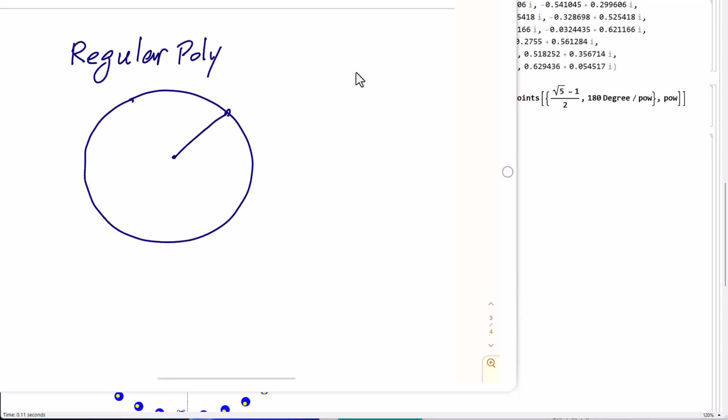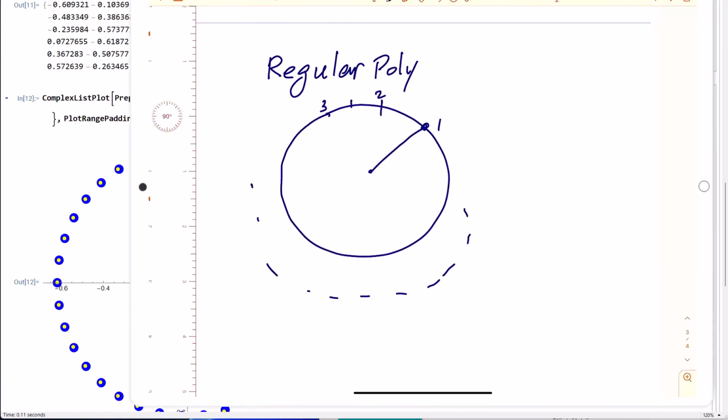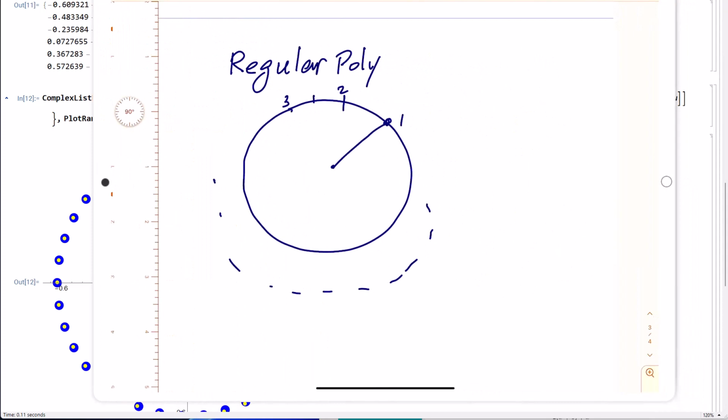The radius. That's the first point on the polygon. Second, third, and they are equally spaced. Okay. The last one is 15. So 15 and 1 are symmetric about the x-axis.